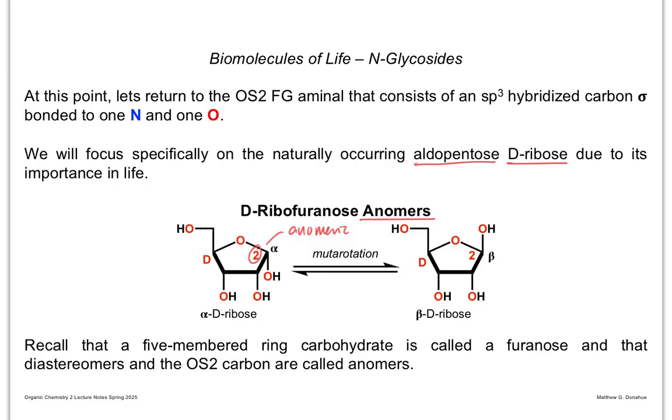Alpha was down, and beta was up. The other thing I want to point out, again, it's a 5-membered ring, and those are called furanoses. Your typical 6-membered ring like glucose, those are called pyranoses.